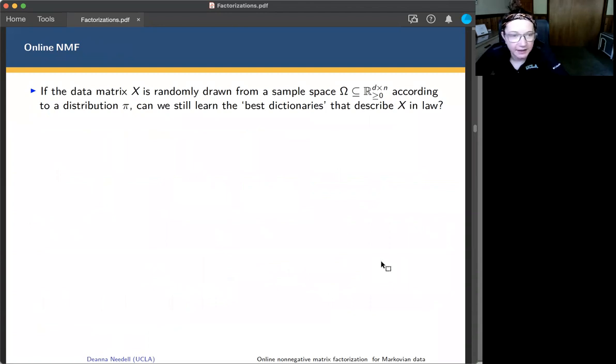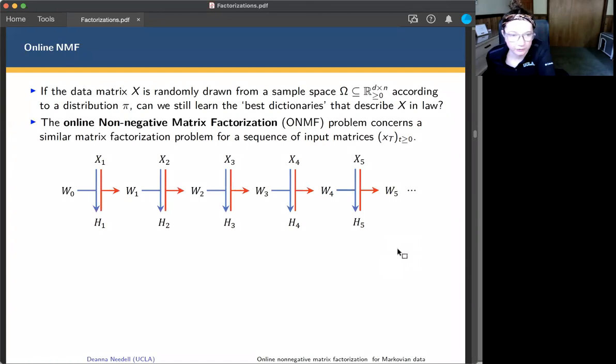So first, let's say that the data matrix X is randomly drawn from some sample space according to some known distribution pi, or fixed distribution pi. You need not actually know what pi is. Can we still learn the best dictionary factorization that describes the data X in some sort of law?